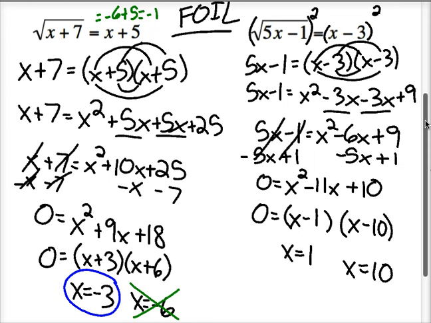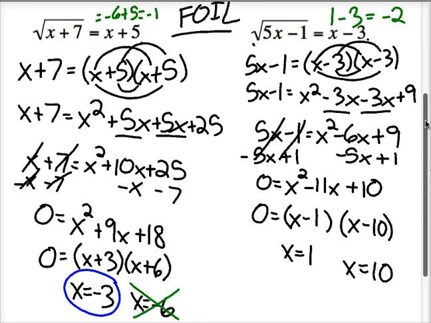And again, the big picture here is we need to go back and double check. We need to see what would work in the original equation. So in the original equation, if I were to plug in 10, 10 minus 3 is 7, positive number, that's going to end up being just fine. But I want you to know what happens if I try using 1.